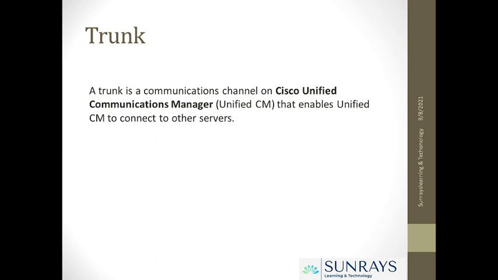For that, Cisco gives us a product called Unity Connection, which is used for voicemail features. If you want to interconnect these two servers, in that case we have to configure a trunk. In the trunk we put the IP address of the Unity Connection, and then we run some wizards that we are going to do later on.